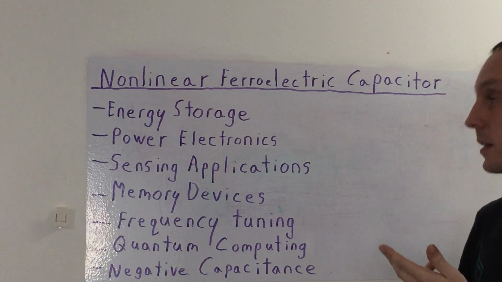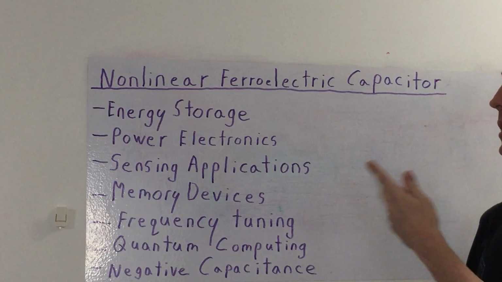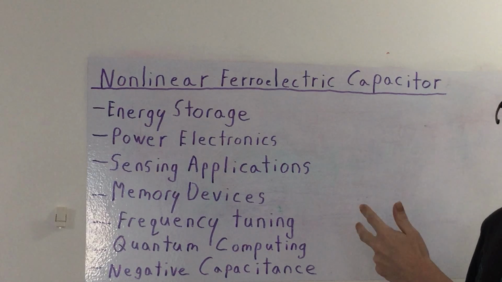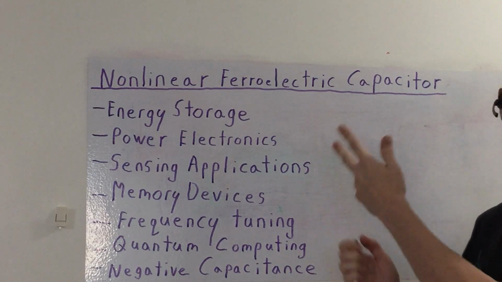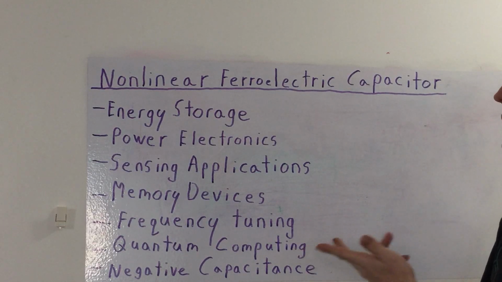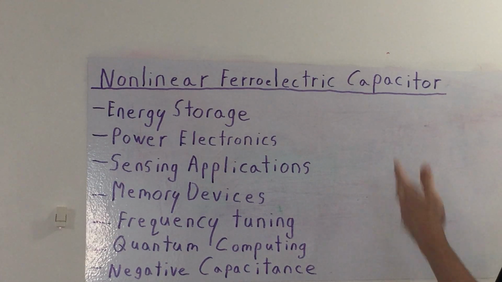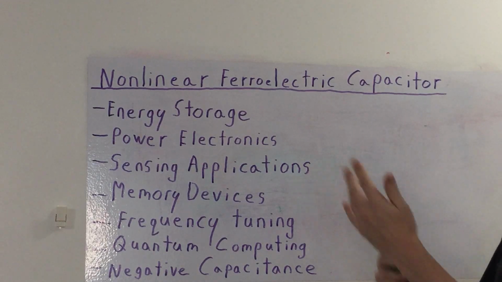This non-linearity is often represented by a hysteresis loop in the charge-voltage, the QV in other words, where the amount of charge stored on the capacitor depends not only on the present value of the electric field, but also on the history of its electric field.